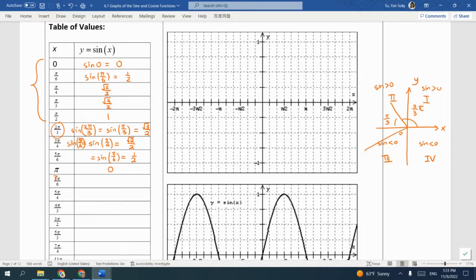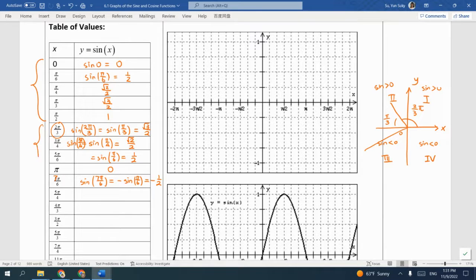But because it's in the third quadrant, the sign is negative. So sine of 7 pi over 6 is negative sine of pi over 6. Is that okay, everybody? And that equals negative 1/2. Right, everybody?